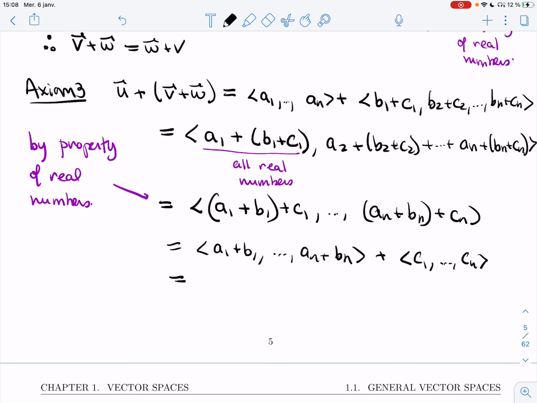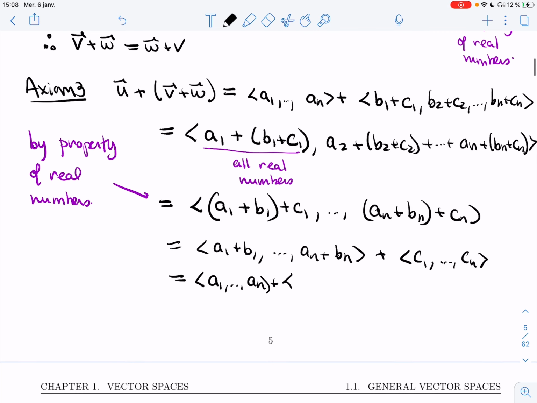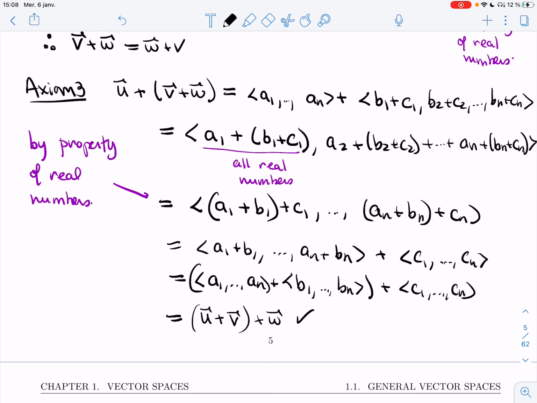And then this first one here is a1, ..., an plus b1, ..., bn, plus c1, ..., cn, and so I am getting u plus v plus w. All right, good. Axiom 3 is right.